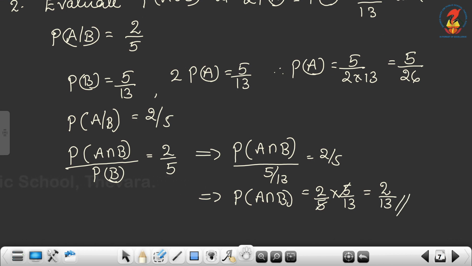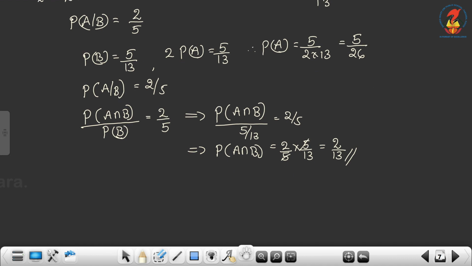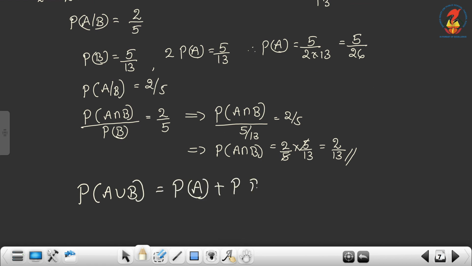Now what we have to find? P(A union B). So P(A union B) is equal to P(A) plus P(B) minus P(A intersection B).